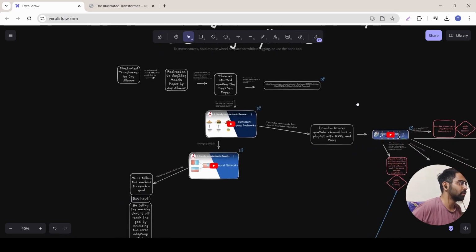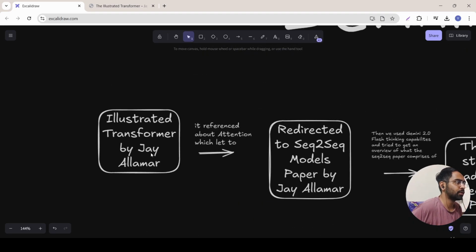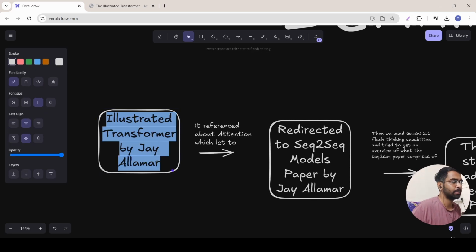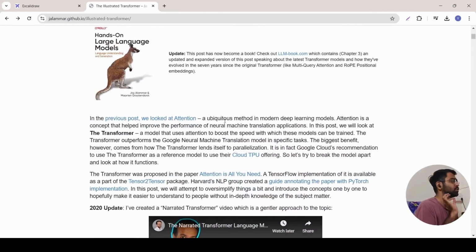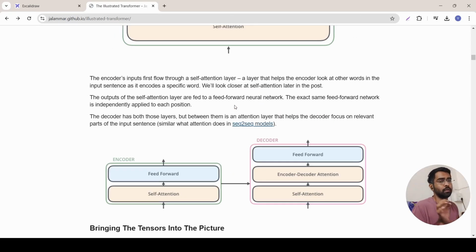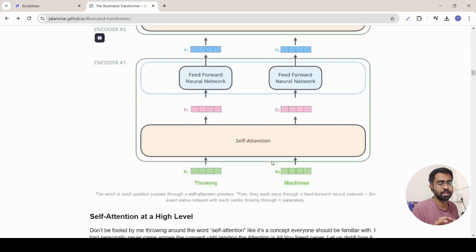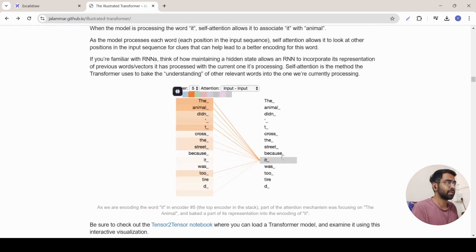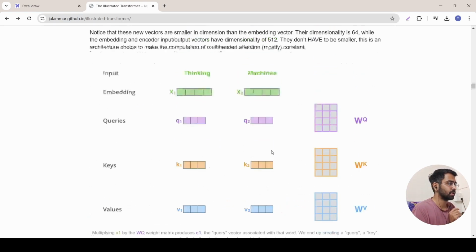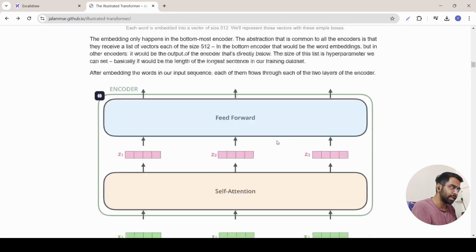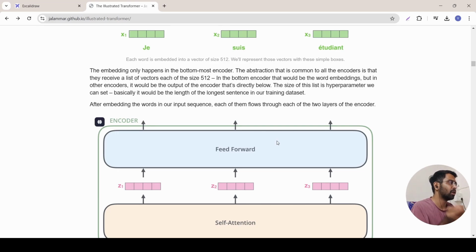First, let me give you a walkthrough of what I did. First and foremost, I know this guy, Jay Alammar, who has written this paper called The Illustrated Transformer. It is very good. I guess even a person with little knowledge about data science and machine learning can understand this. The language is very easy, and the diagrams are easy to understand. But still, even if you read this, you won't get the actual idea of why all of these things are taking place.